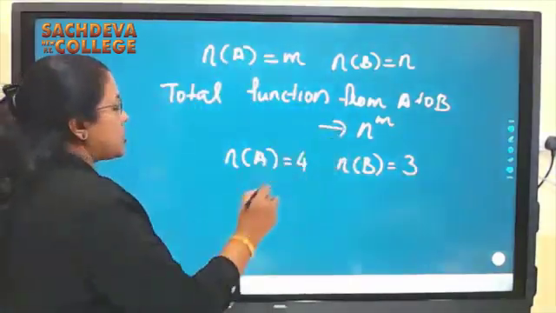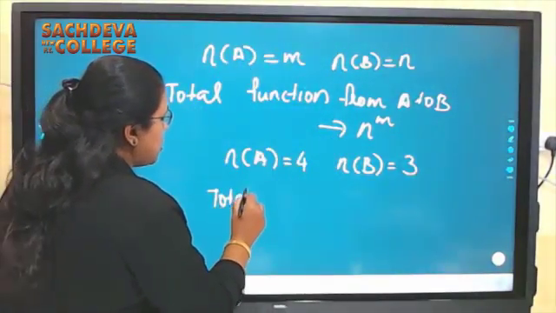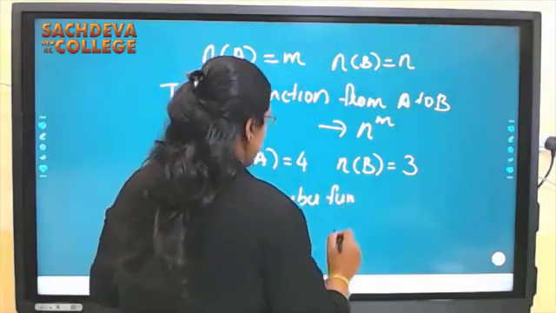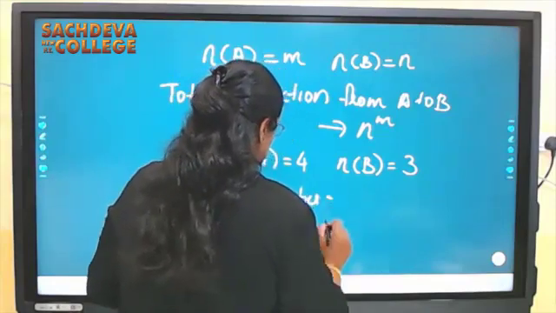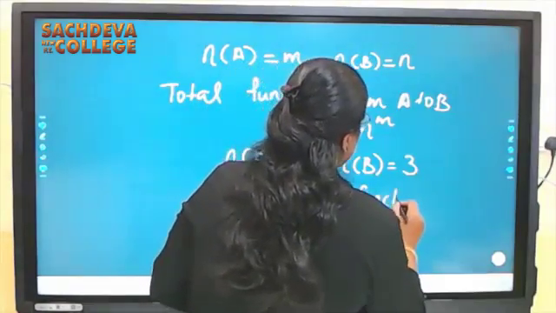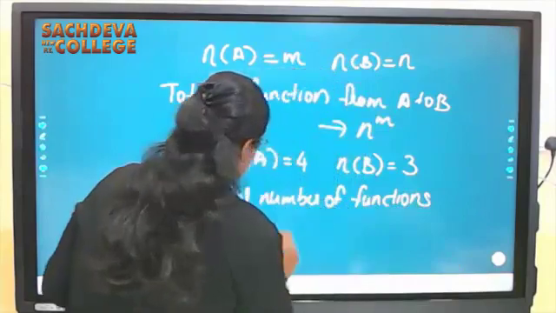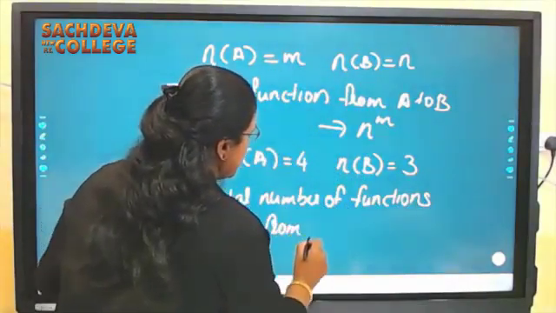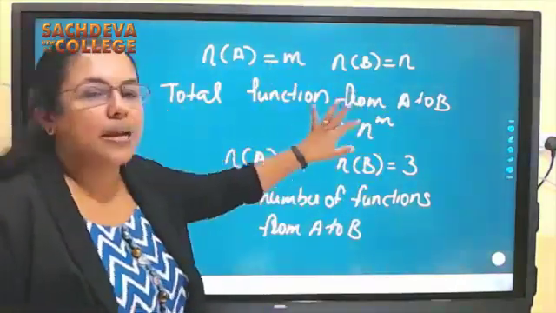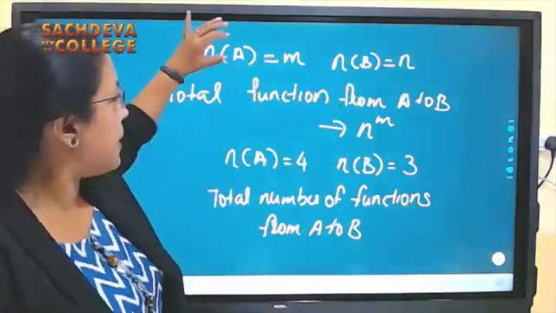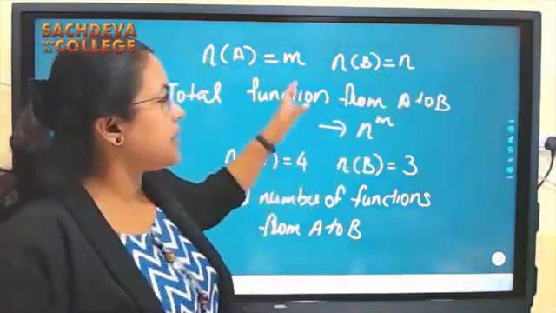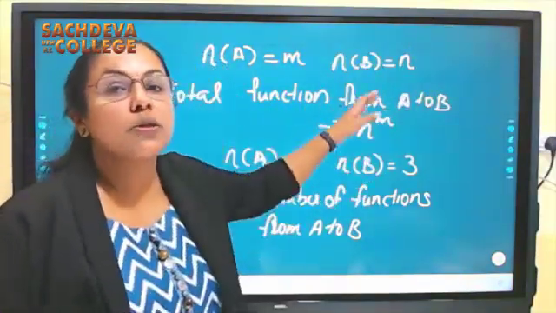So total number of functions from A to B, we can use this formula directly. There is no need to write this formula too. You must know the formula. If number of elements of A is equal to m and number of elements of B is equal to n, then total number of functions from A to B is n to the power m.